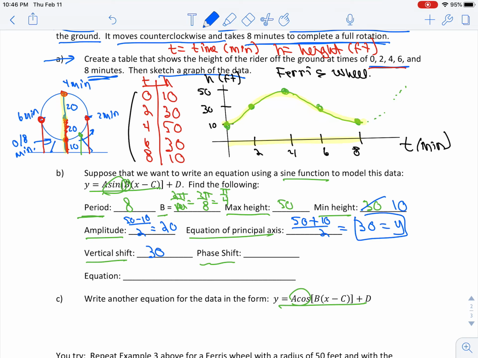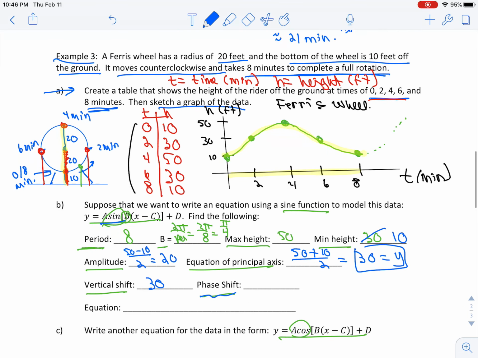Okay, so now we are at the phase shift, and we said that depends on whether we're doing sine or cosine. So if I'm going to do the sine graph, then what I want to choose is something that looks like the parent function for sine, which starts in the middle on the principal axis, goes up, and then down, and then back to the principal axis. So we know that the principal axis is right here.